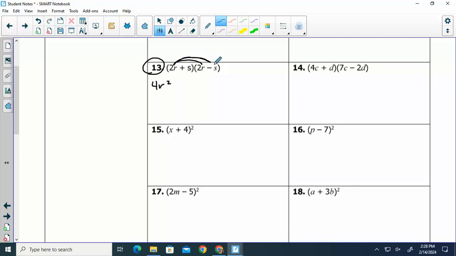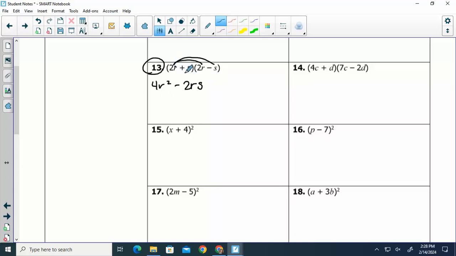What is 2r times negative s? I thought you couldn't do that. Yeah, we can't add them, but we can multiply. So it'd be negative 2rs. Well, we just took negative 2r times s, so it's just negative 2rs.